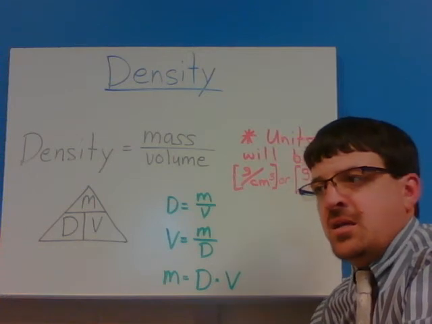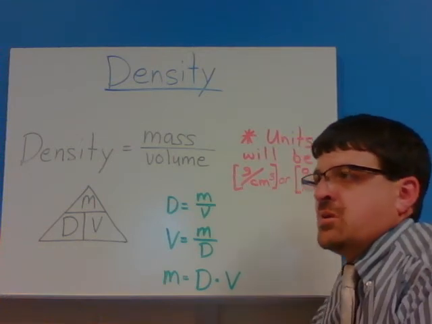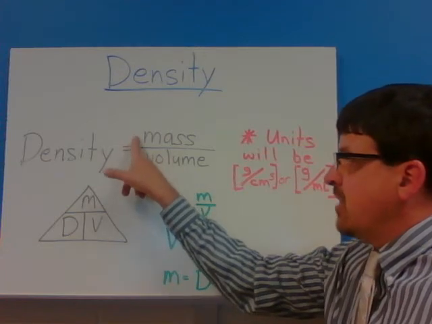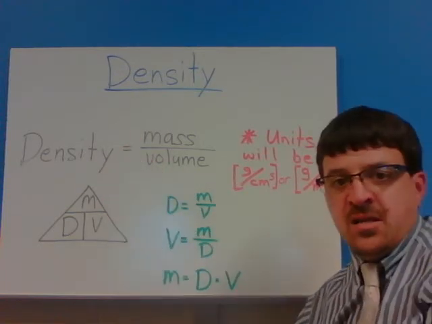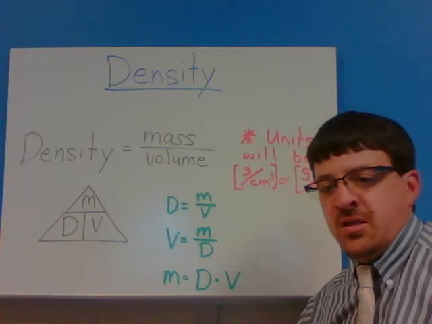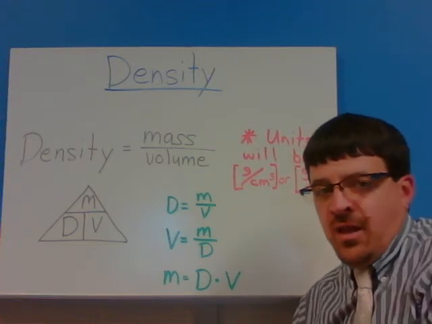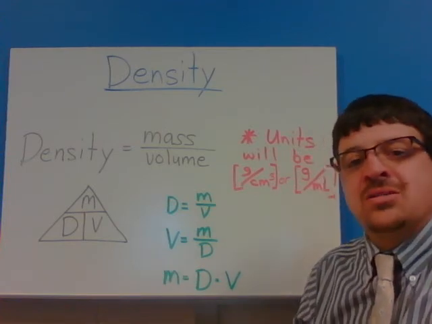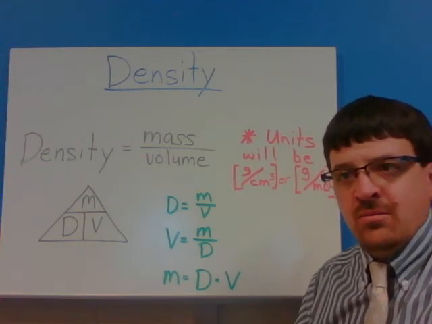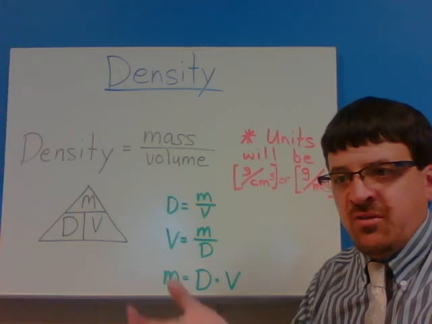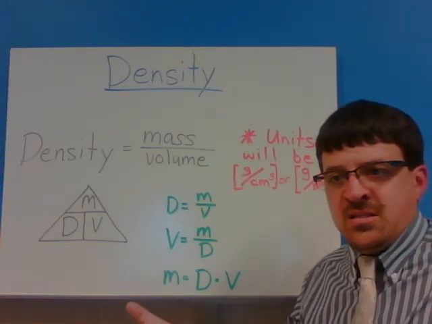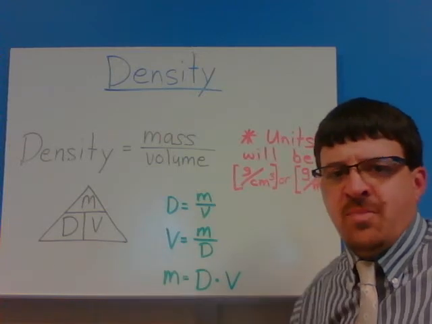Now, density is how much material is in something, the mass of it, but also how much space it takes up. So the more dense something is, the heavier it's going to feel. A lot of people use the example that this is very dense because it feels heavy. Well, you could have something that feels really heavy and something else that has the same weight, but takes up a ton more space.